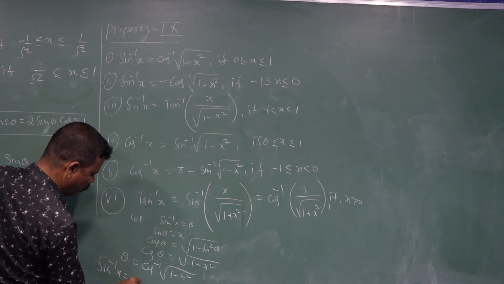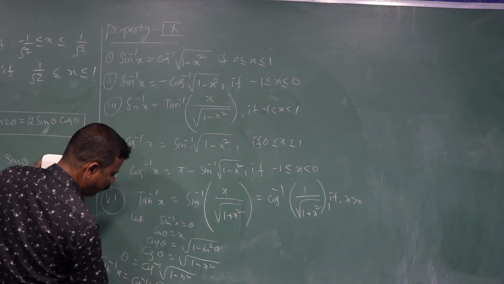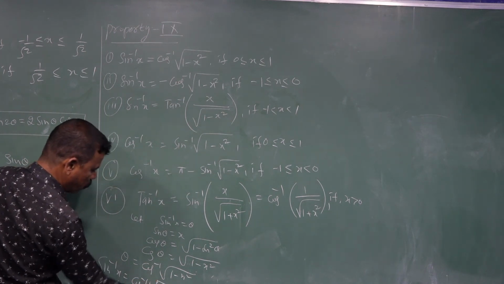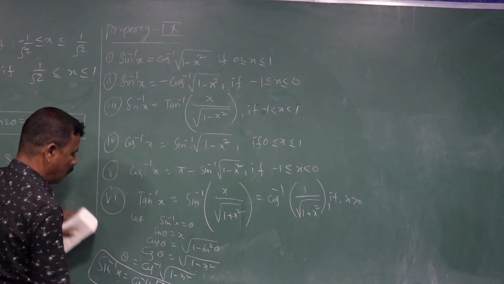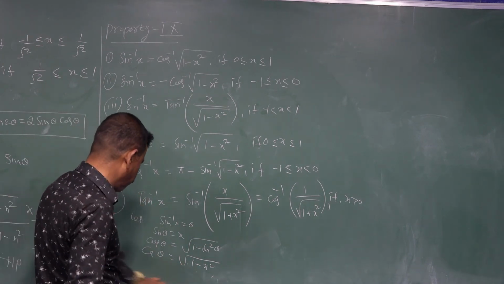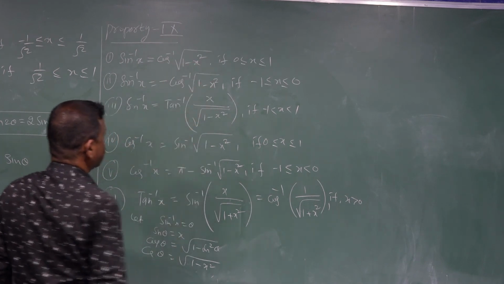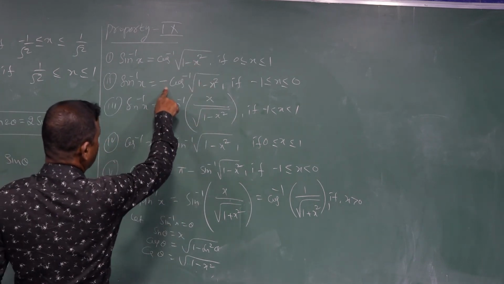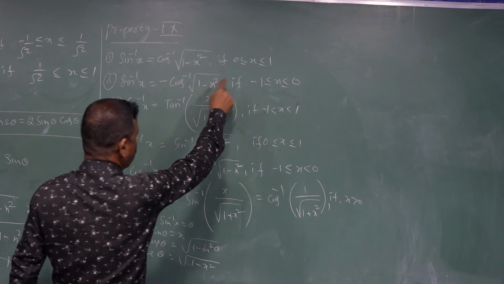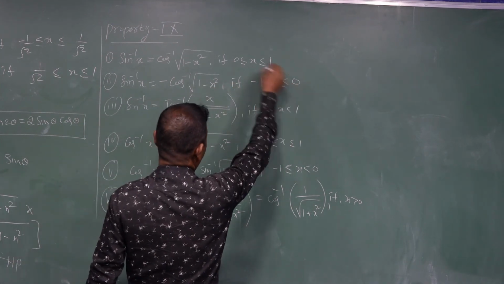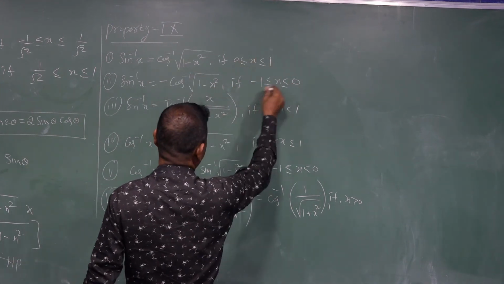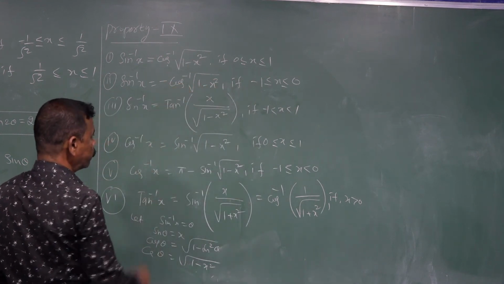Sin inverse x is equal to cos inverse of under root 1 minus x square. This is the formula. All are similar to that. We can prove sin inverse x is the cos inverse of under root 1 minus x square. Here minus cos inverse under root of 1 minus x square. If x is from minus 1 to 0, use this formula; if 0 to 1, use the earlier formula.